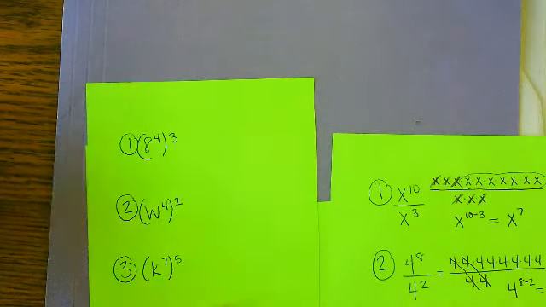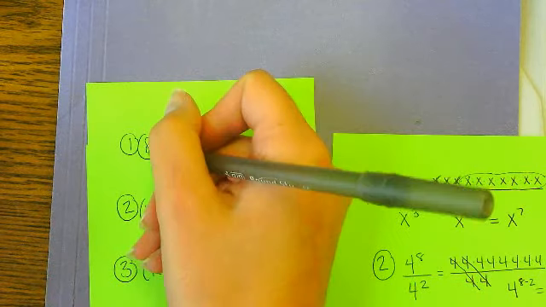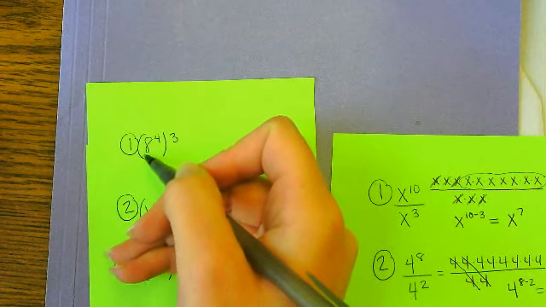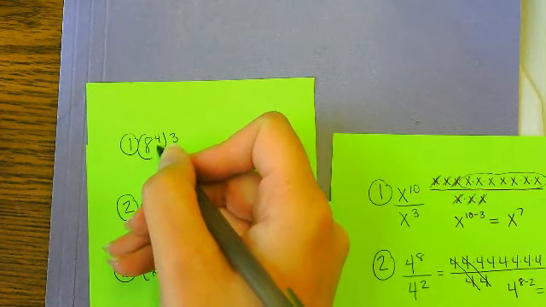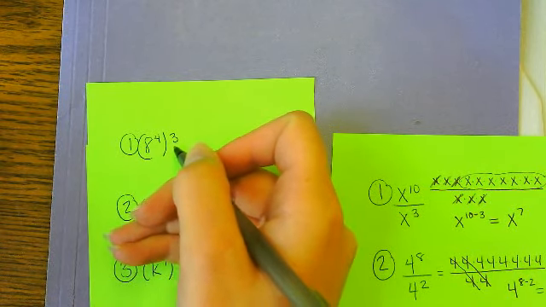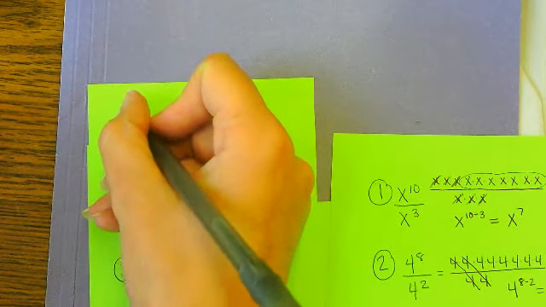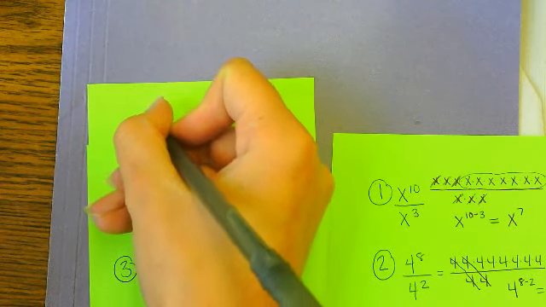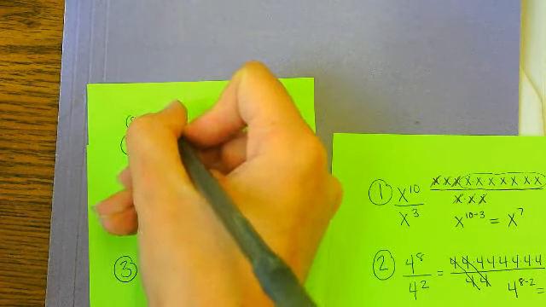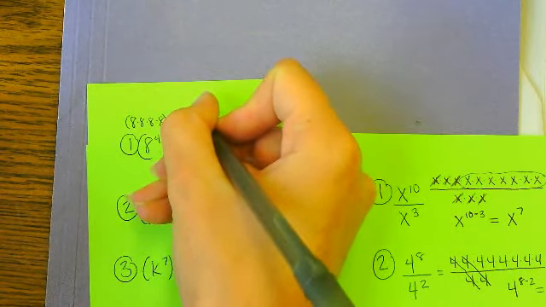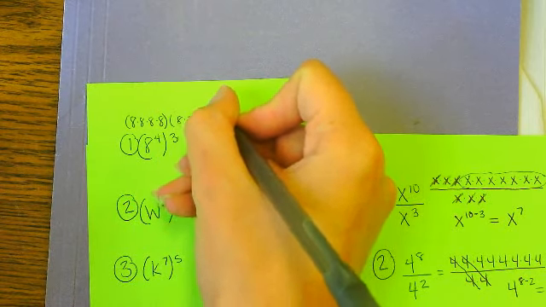The first example is 8 to the 4th power, and we're cubing that. So we've got this base of 8, and we've got it to the 4th power, and then to a second power, which is the 3. What this actually means is we have 8 to the 4th power 3 different times.